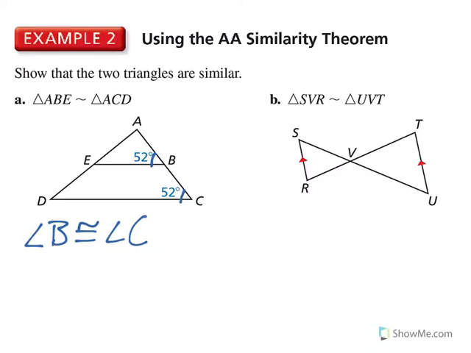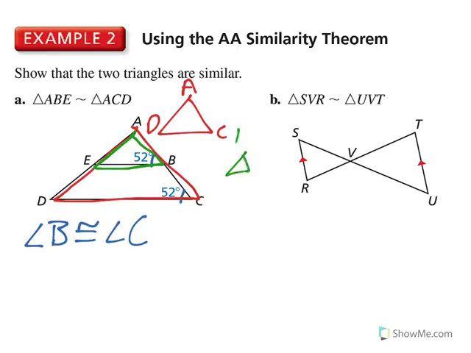So notice if I look at just my outside triangle, and then my inside triangle, if I were to separate these out, I have triangle ADC, and then a smaller triangle AEB.